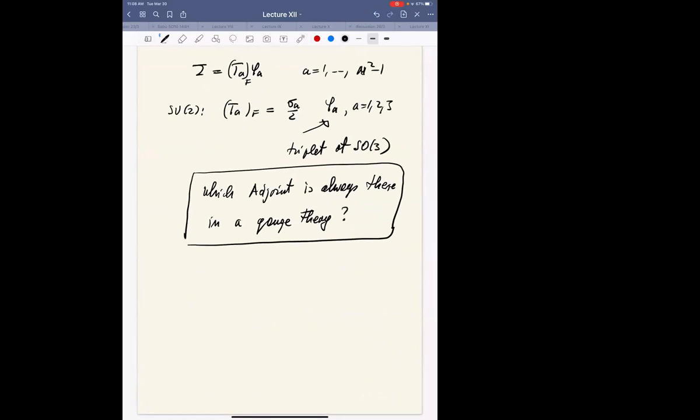Gauge theory is given by the covariant derivative.